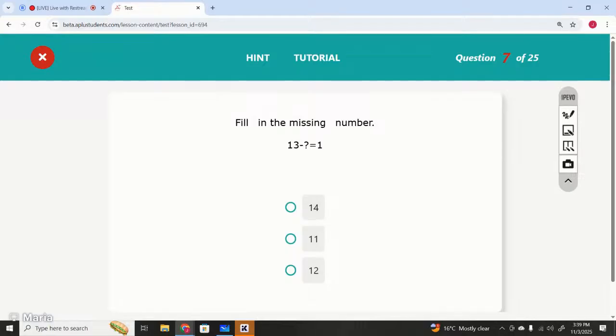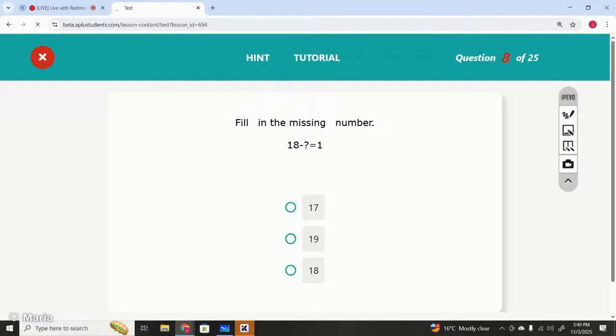Fill in the missing number. 13 minus what number equals 1? That equals 13 minus 12 equals 1. The correct option is 12. Okay, you can complete the lesson by yourself later today.